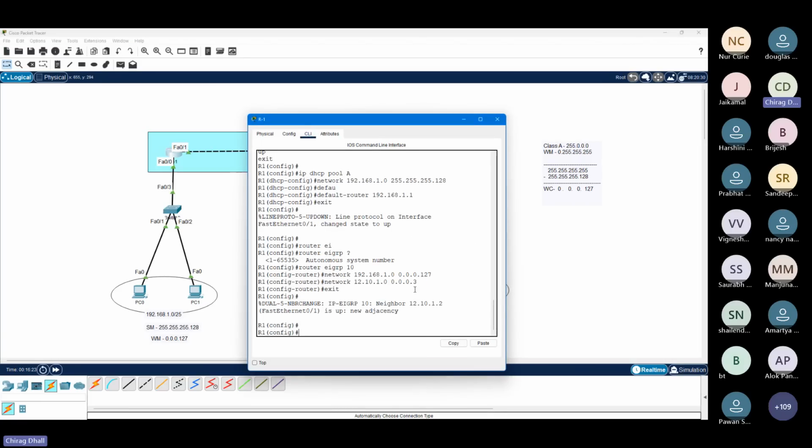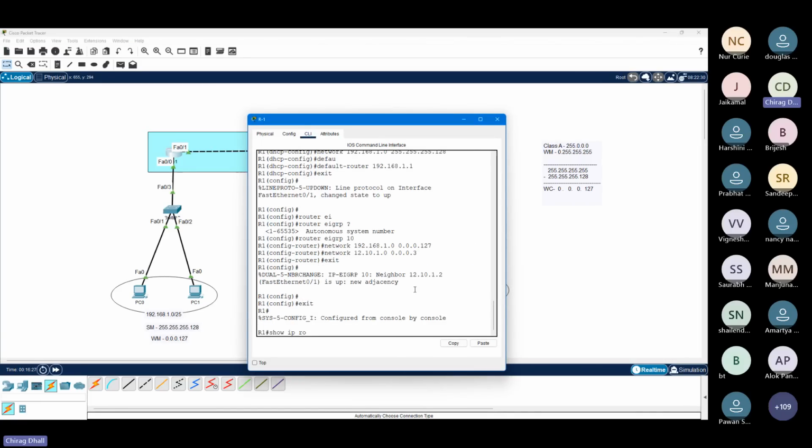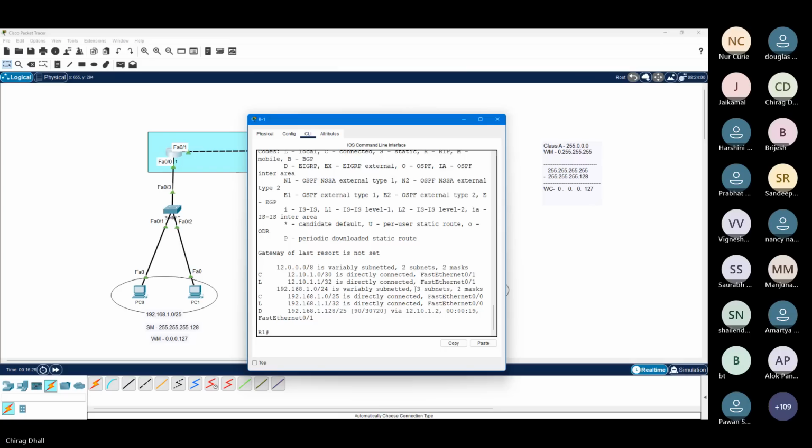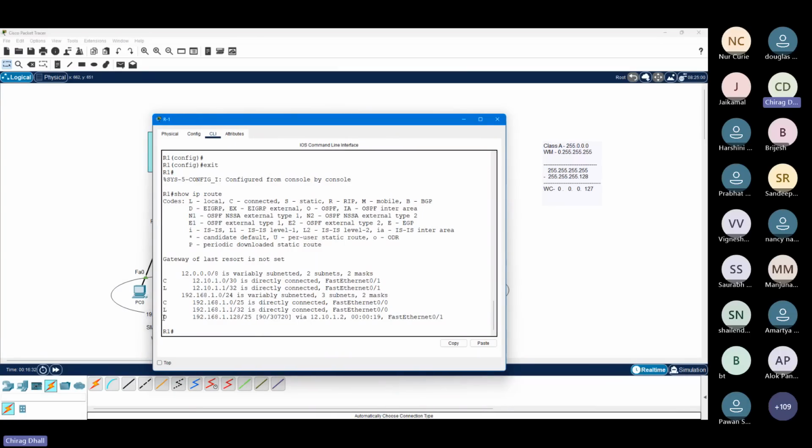And if I go and check my routing table, show ip route, I can see an EIGRP route is added for the network 192.168.1.128/25. EIGRP routes are represented with the letter D, as you can see here.